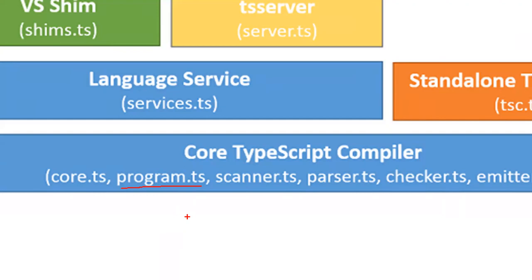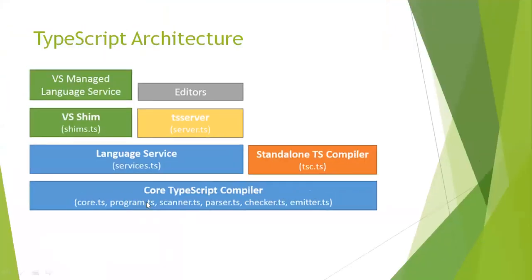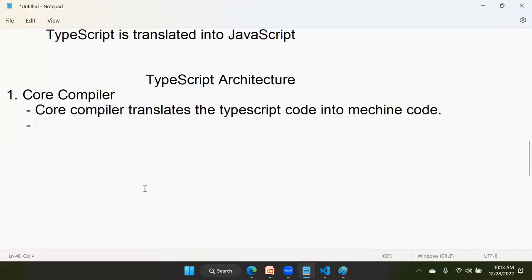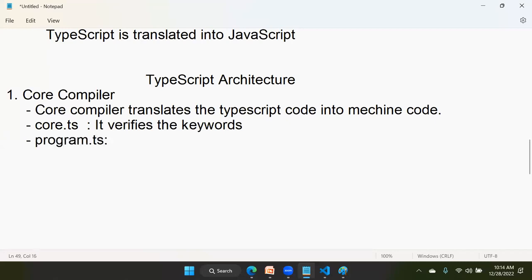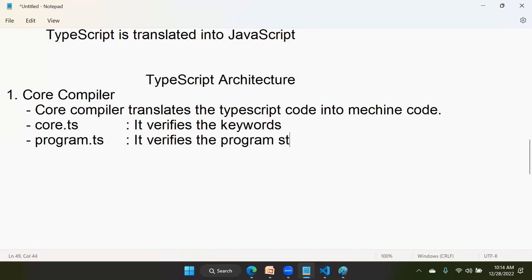That means TypeScript has a core compiler. In this core compiler, there are so many files. One is core.ts. What is its responsibility? It verifies the keywords. What is the purpose of program.ts? It verifies the program structure. We have parser.ts.